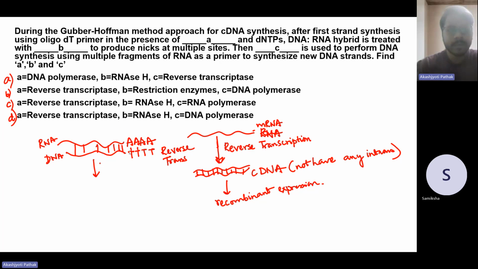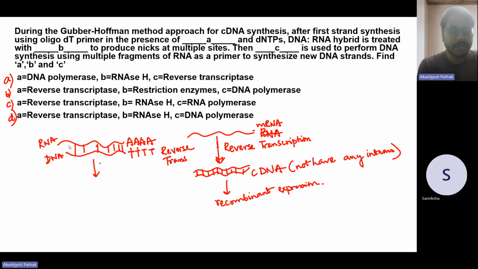Did you understand what I was explaining? First you have the mRNA having the poly A tail. You use a primer having this oligo T sequence. This DNA primer will bind to your RNA having this poly A tail, and then you can add reverse transcriptase. Once you add reverse transcriptase, the complementary DNA sequence will be synthesized.